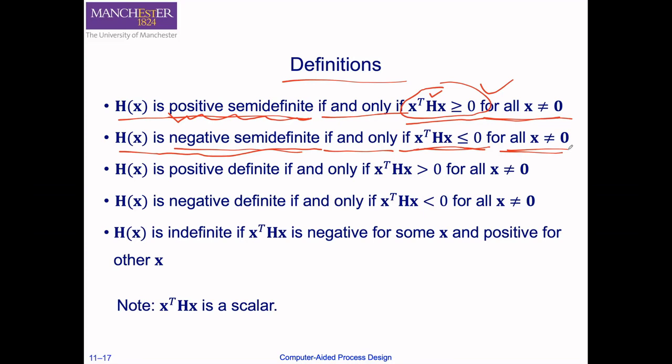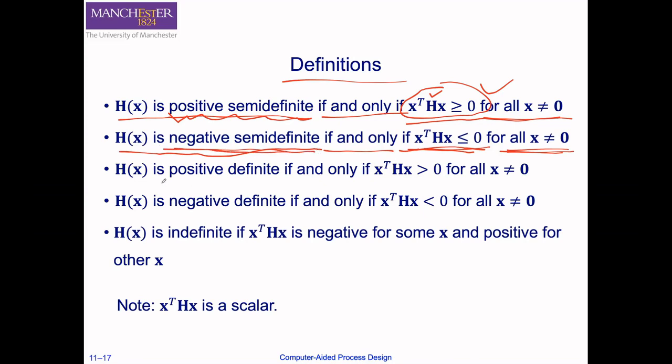Alternatively, if this inequality constraint is satisfied for all x not equal to 0, then this Hessian matrix is negative semi-definite.